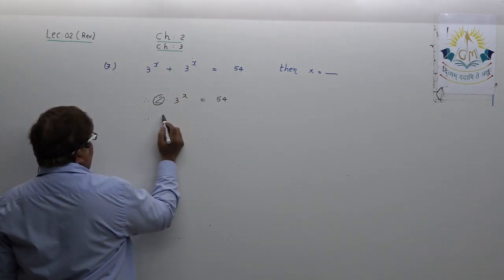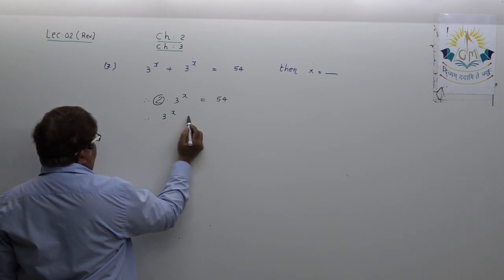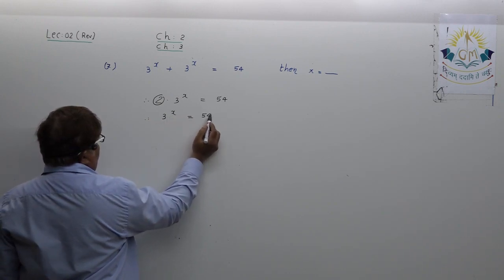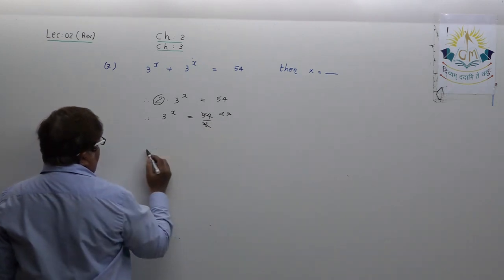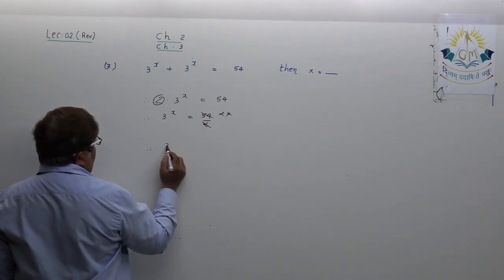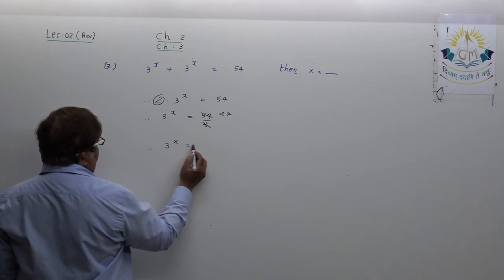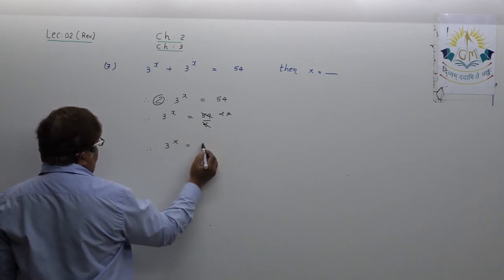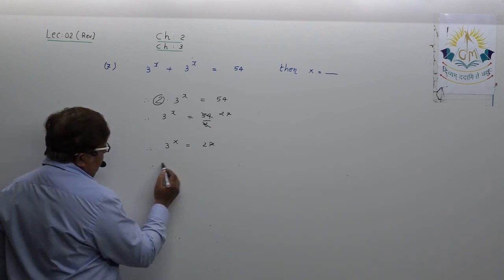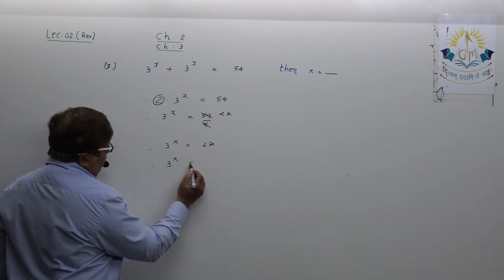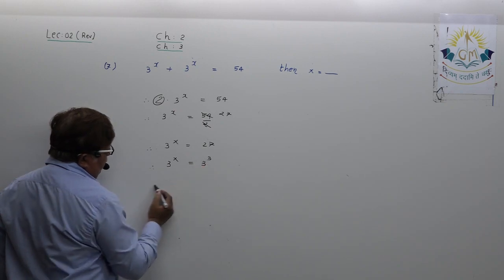Okay. Now let us transfer it. 54 upon 2 cancels, giving 27. So 3 raised to x equals 27. Let us express 27 in the power of 3. So 3 raised to 3.